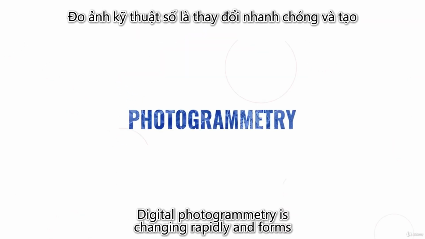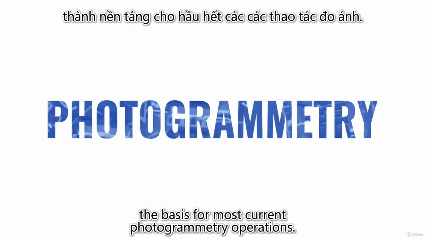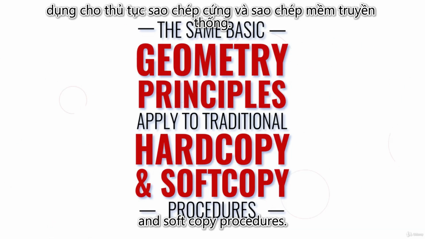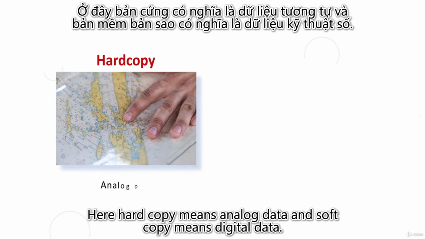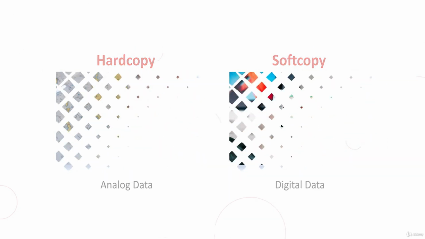Digital photogrammetry is changing rapidly and forms the basis for most current photogrammetric operations. However, the same basic geometry principles apply to traditional hard copy and soft copy procedures. Here, hard copy means analog data and soft copy means digital data.